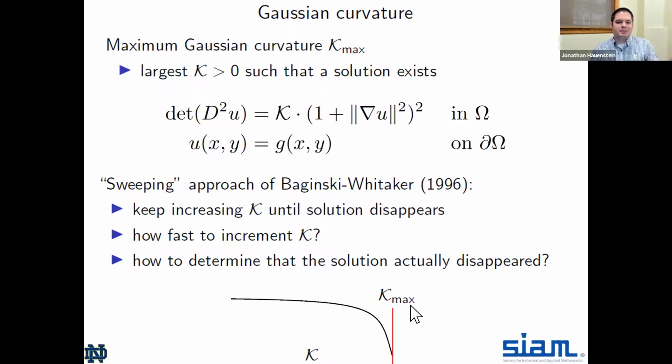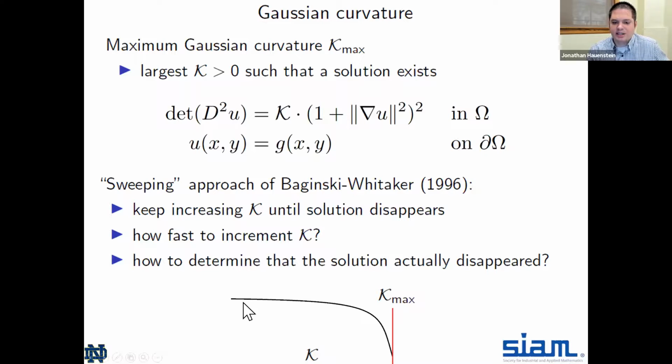This leads to many questions, such as how fast should I increment along until I hopefully run into this maximum? And then this is a system of PDEs. How do I know that the solution actually disappeared? Maybe I just didn't set up my PDE solver correctly. And so the sweeping approach has many challenges.